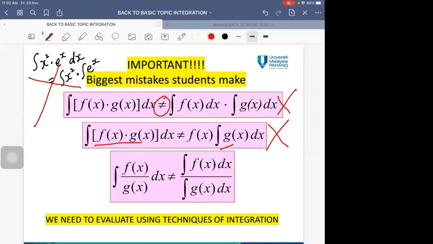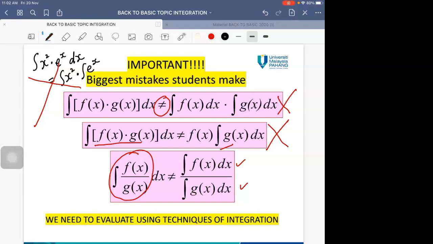Another serious mistake is to split two functions as a divisor.